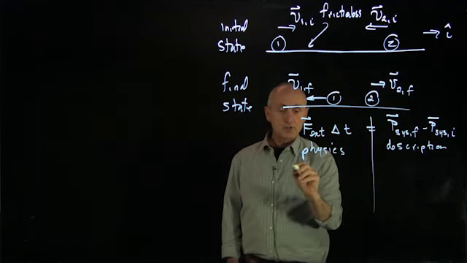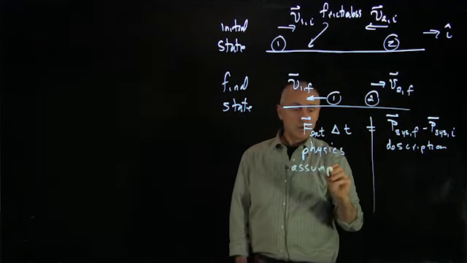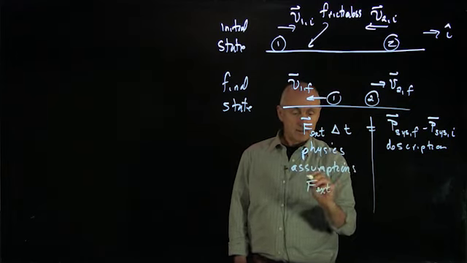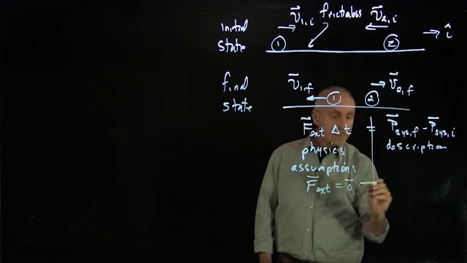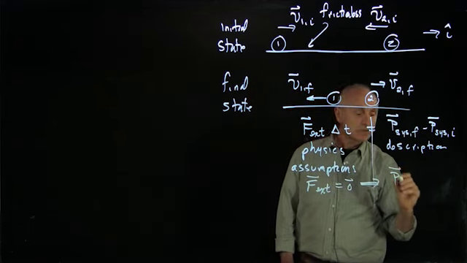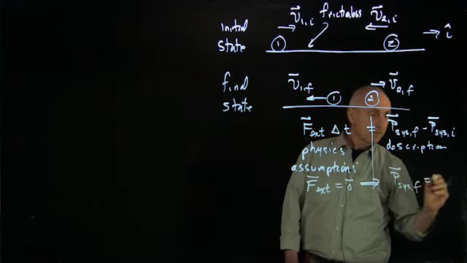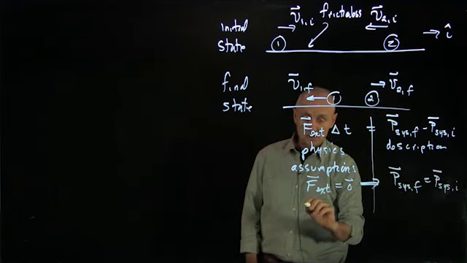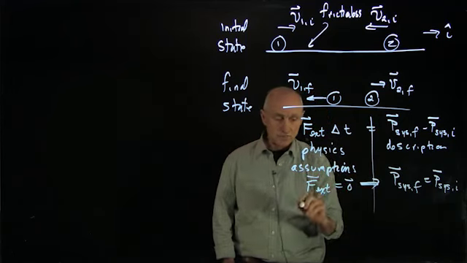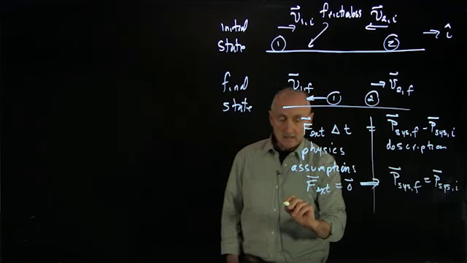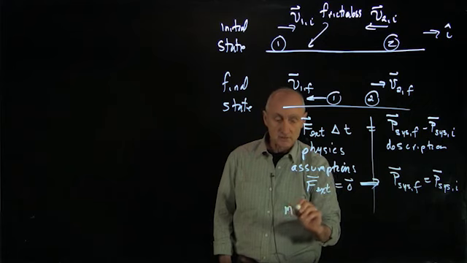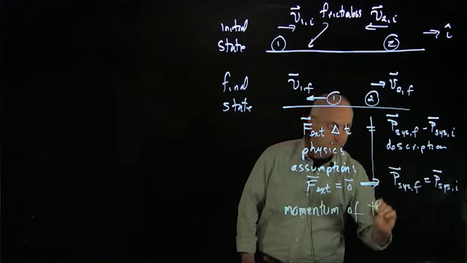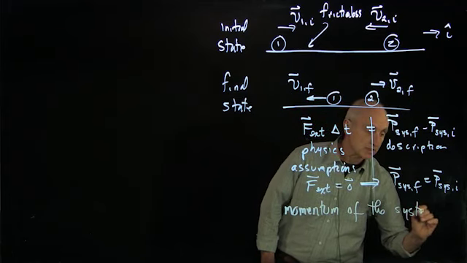And so by our assumptions, F external is 0, and therefore the momentum of the system remains constant. Many people call this conservation of momentum, but we're saying in this example, based on our assumptions, that the momentum of the system is constant.